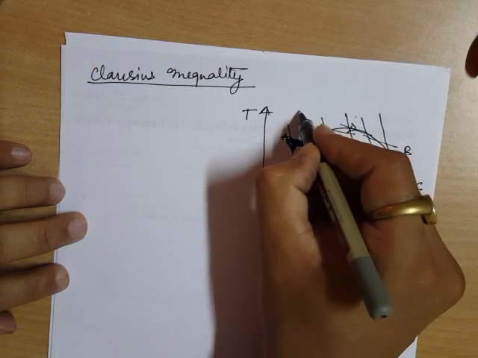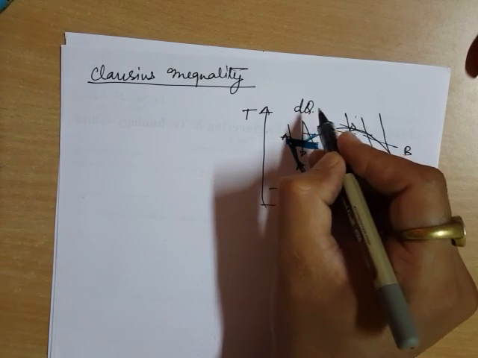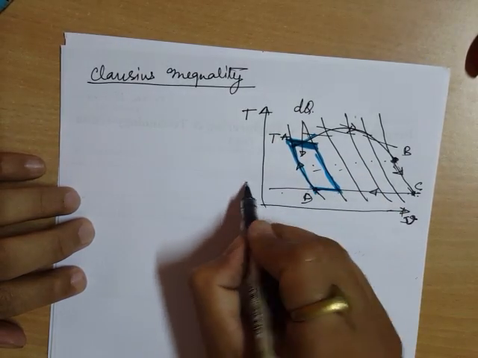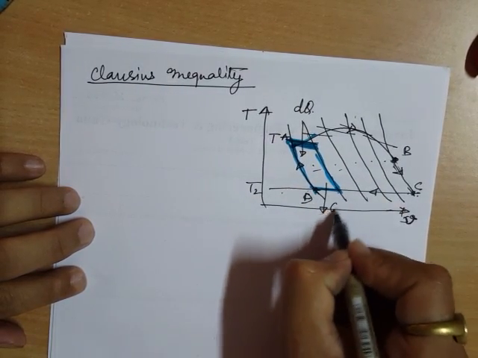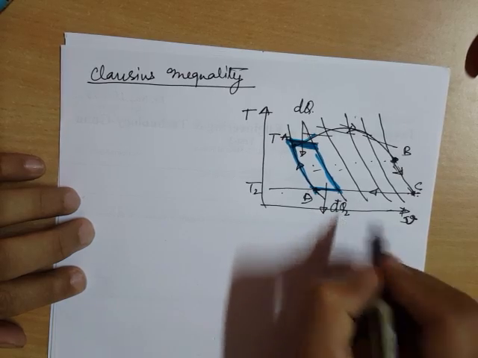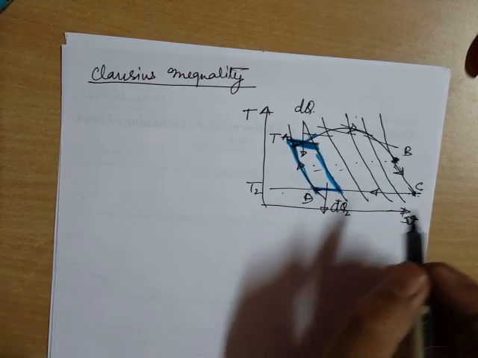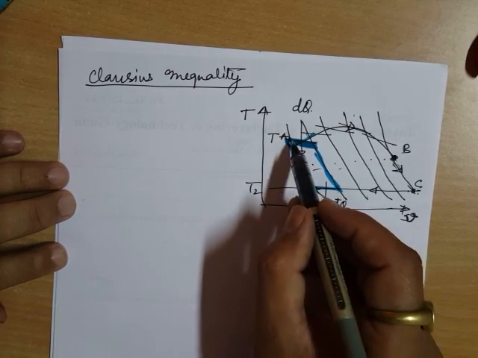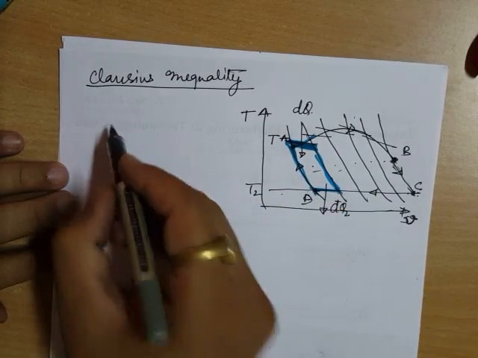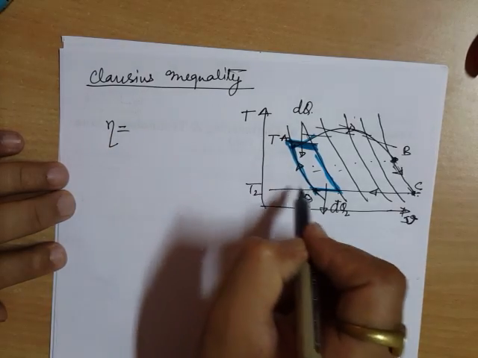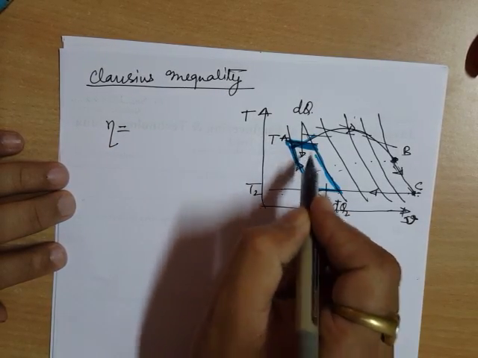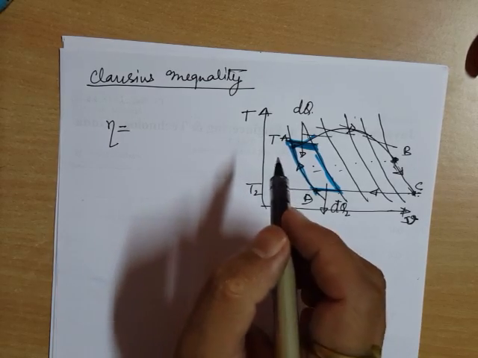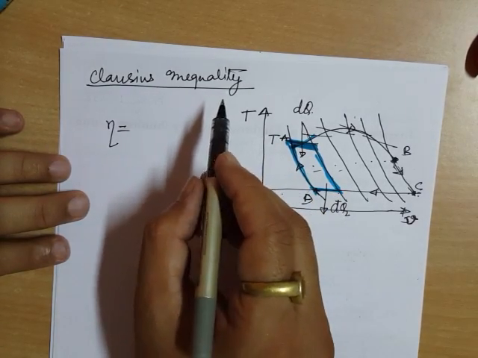So the heat transfer here is dq, let us say, at temperature T, and this temperature be T2. So the heat transfer here will be dq2 at temperature T2. So the efficiency of this cycle will be what?